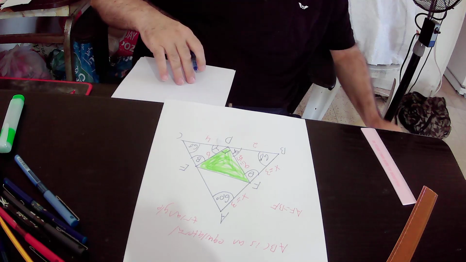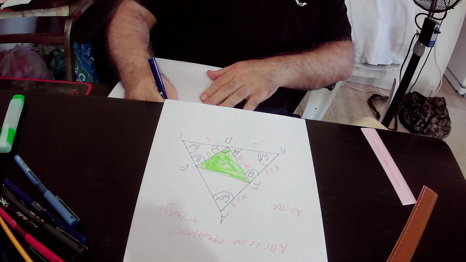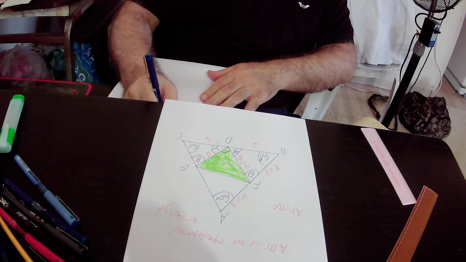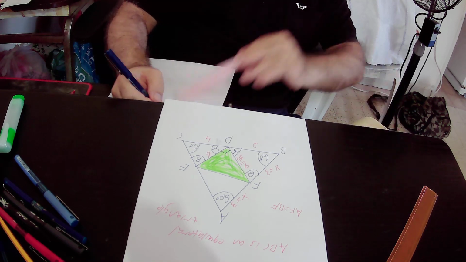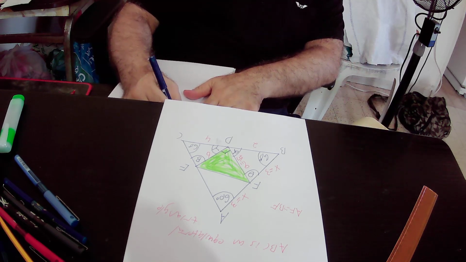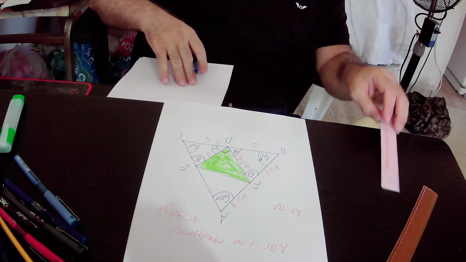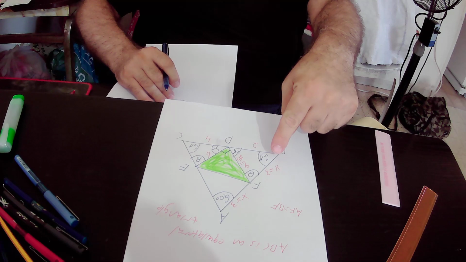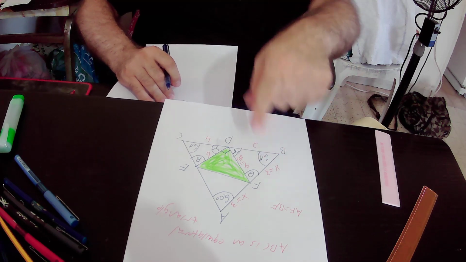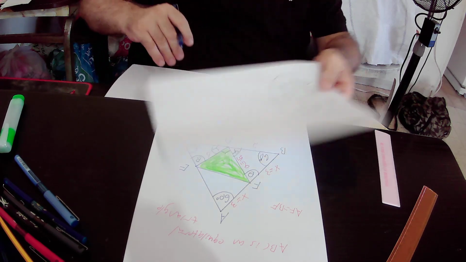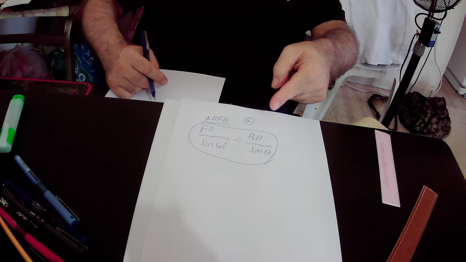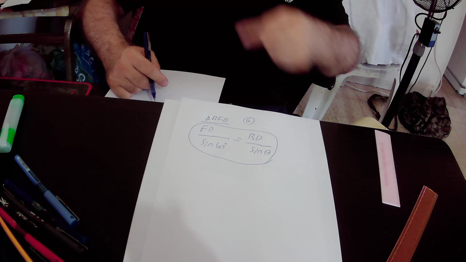So we implemented the law of sines in triangle BFD: FD over sinus 60 degrees equals BD over sinus theta.